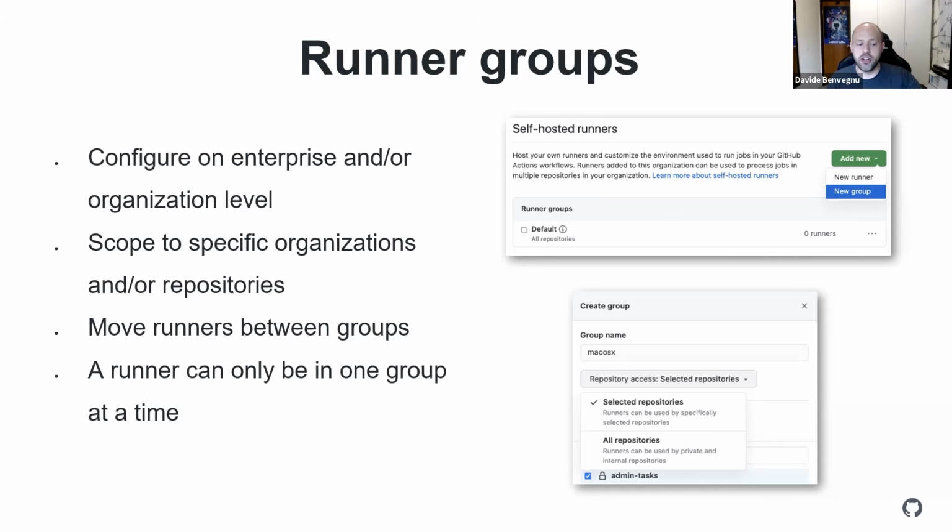Or for specific technologies, maybe you have a pool of runners with GPU. Maybe you have a pool of runners with a lot of memory, or maybe you have one with only Linux and one with only Mac, and so on and so forth. So you can group all your runners in these groups. You can always move runners between groups, but remember that one runner can only be in one group at a time.